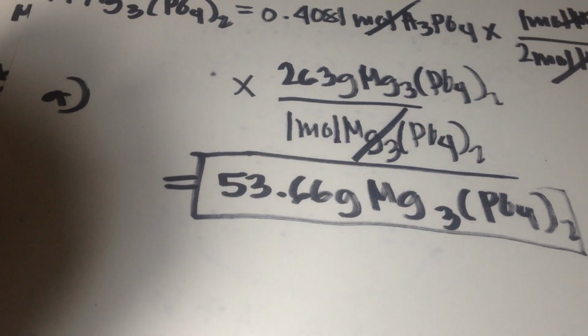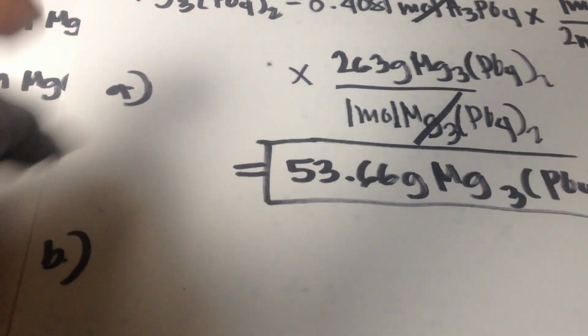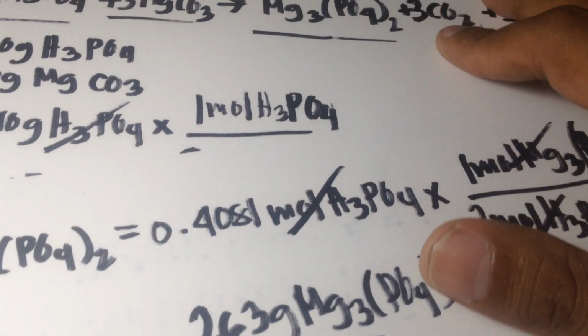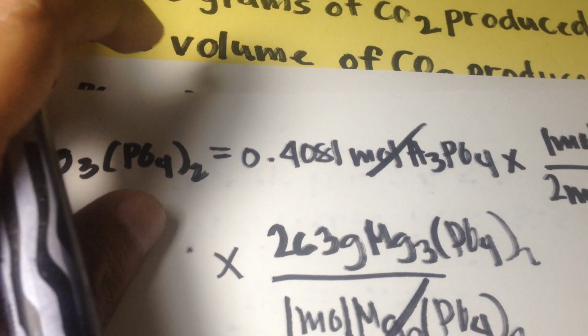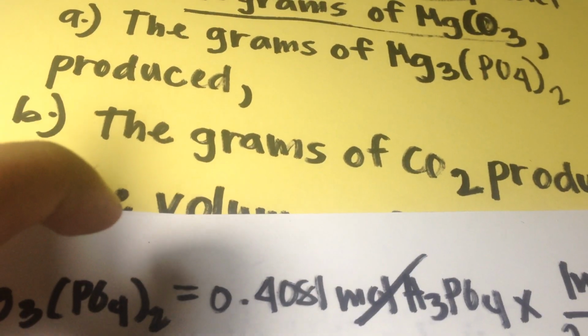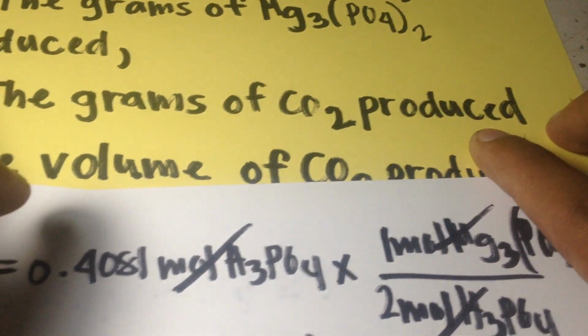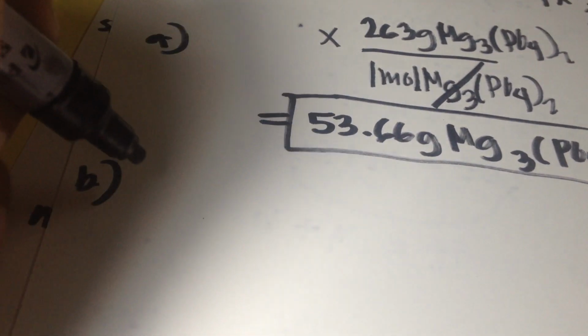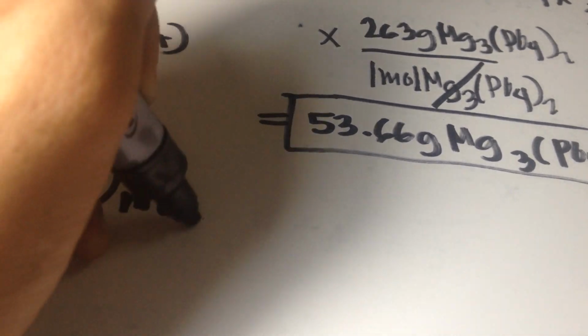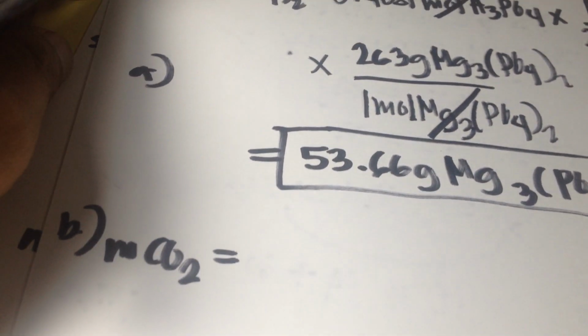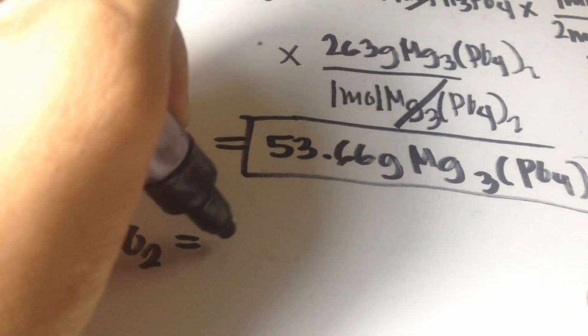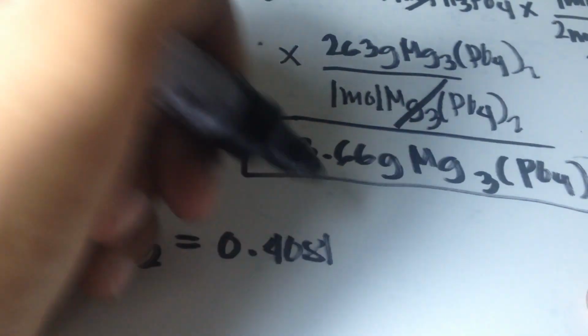And how about letter B? In letter B, the question is the grams of carbon dioxide produced. So the mass of carbon dioxide equals 0.4081 moles of phosphoric acid times the ratio.